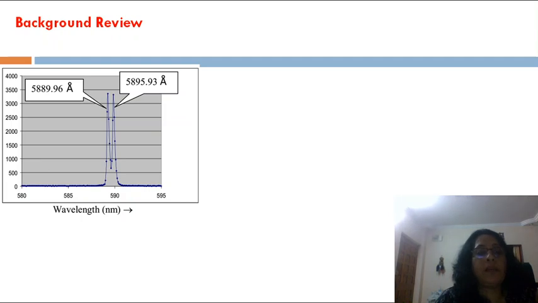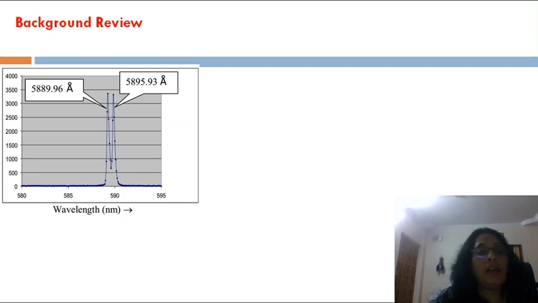There is actually one spectral line, but it is split into two, with wavelengths 5889.96 angstrom and 5895.93 angstrom. The difference between them is around 6 angstrom.